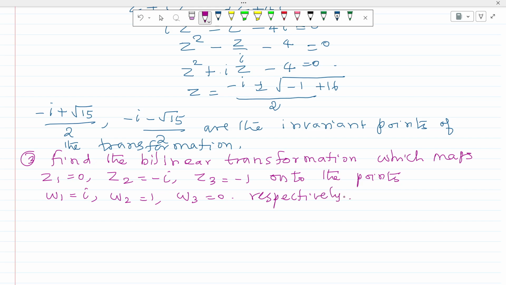Okay, listen. Now see the bilinear transformation formula. Already you have written the cross ratio formula, only for MCQ purpose. Now I write one more formula for the problem purpose. In the problem you have to write this formula. Don't forget this.